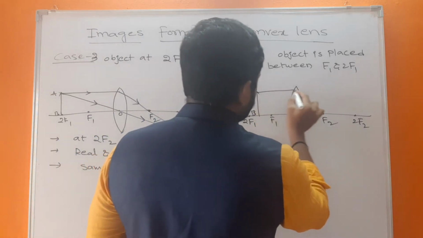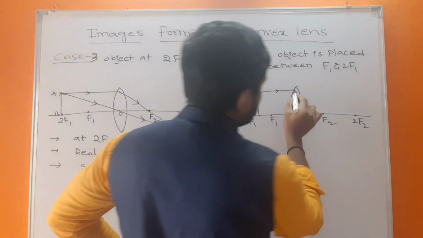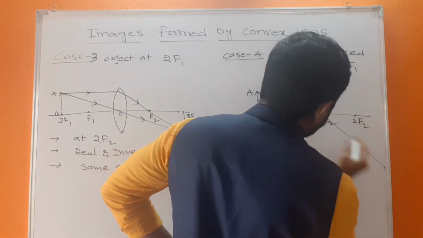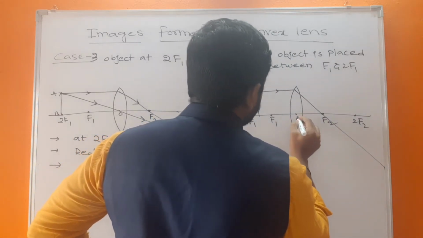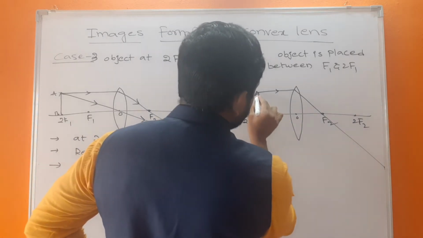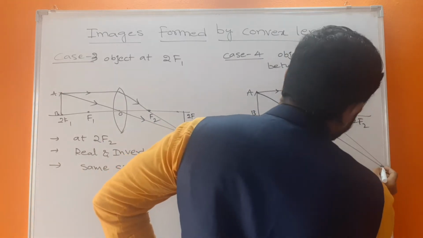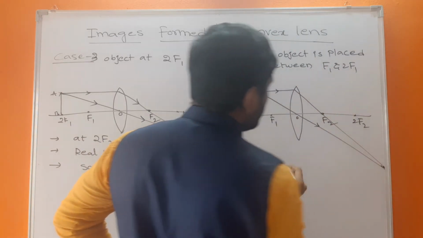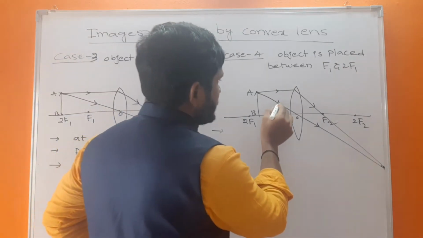The first ray is parallel to the principal axis, so it passes through the focus. The second ray passes through the optic center and goes in a straight line without any deviation.